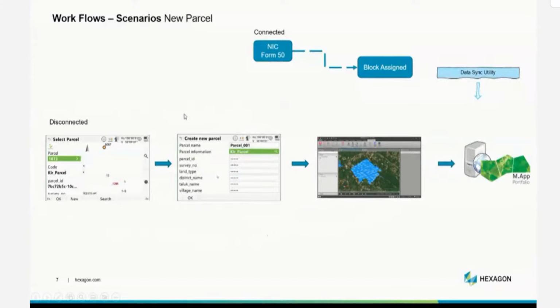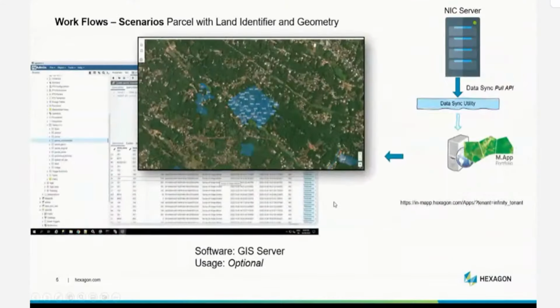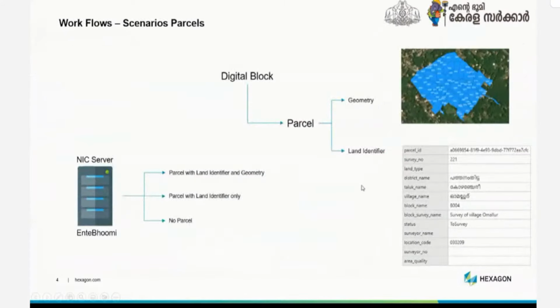And here, if you remember in my first, I talked about status, right? This is the status flag that is helping us to keep track of what data has come, how the data has moved, and all of that. So if at all, later on, as you keep using, you can see status like to survey, to QC, in progress, right? Rejected parcels.